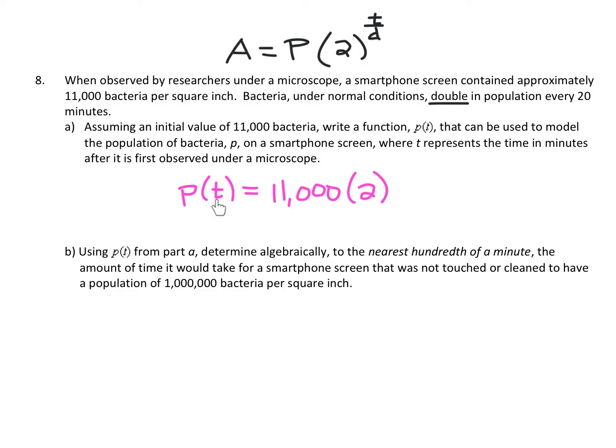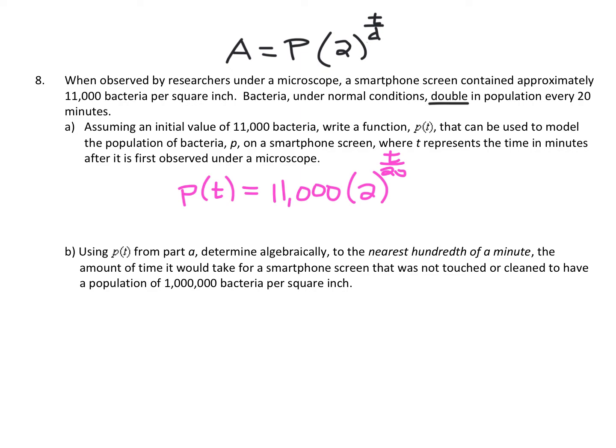Now, see how there's a t, p of t? We want to leave this t as a t. And it even says where t represents the time in minutes, they want you to leave it as a t. But in place of d, this stands for the doubling time period. It says here it doubles every 20 minutes. So I'm going to replace that d with a 20. And that's really all they were looking for in this part.